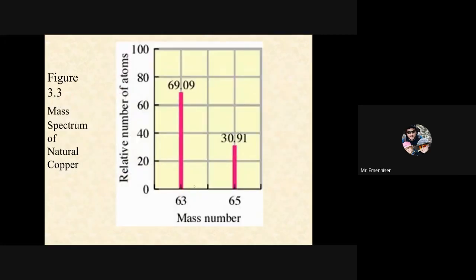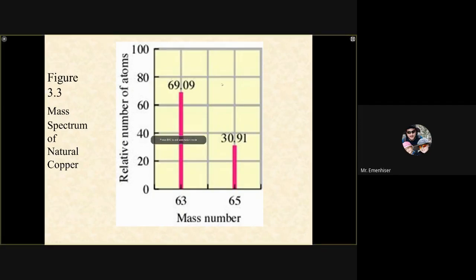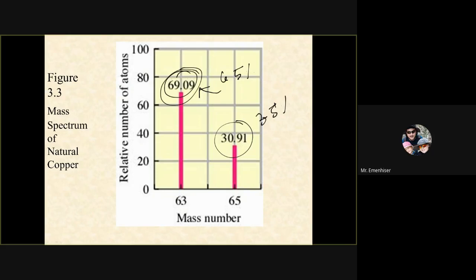Okay, this is for natural copper. Most copper is copper 63, and then some copper is this much. And so the average is going to be between these two values, but it is going to be closer to this guy because this is 69%, right? And this is 31%.